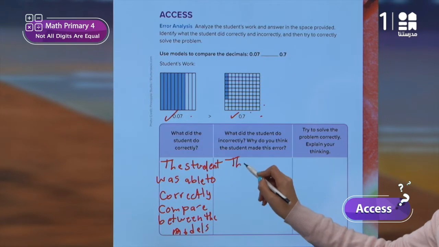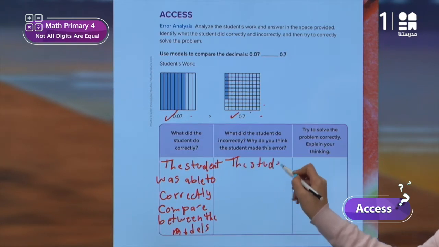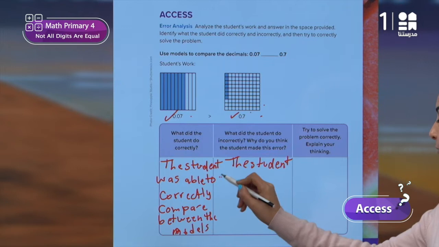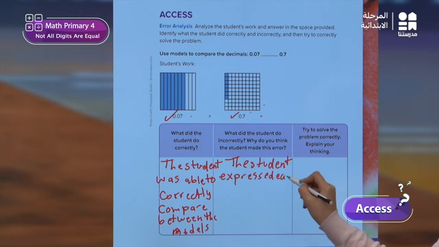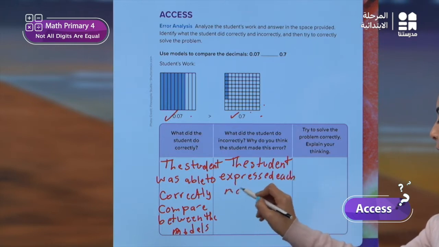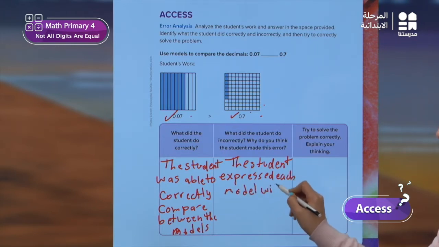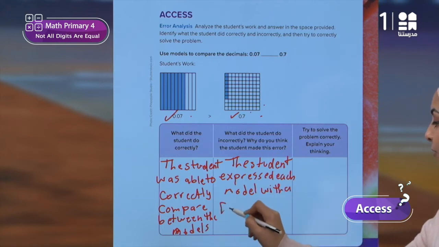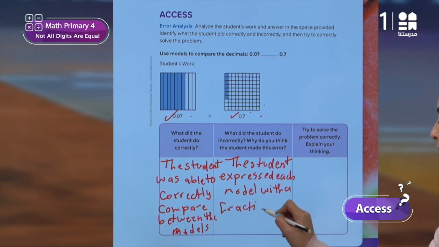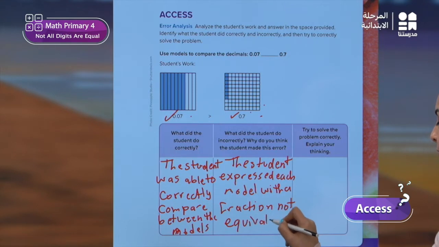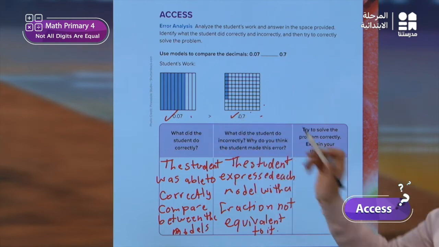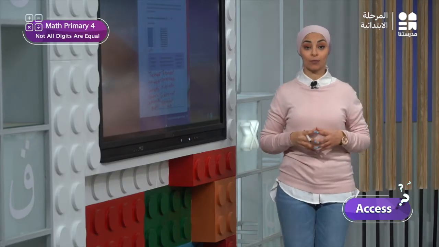The student expressed each model with a fraction. يعني كتب fraction to each model لكن it is not equivalent to it أو not equal to it. اوكي الفراكشن اللي هو كاتبها ما كانتش equivalent للموديل اللي مرسوم.